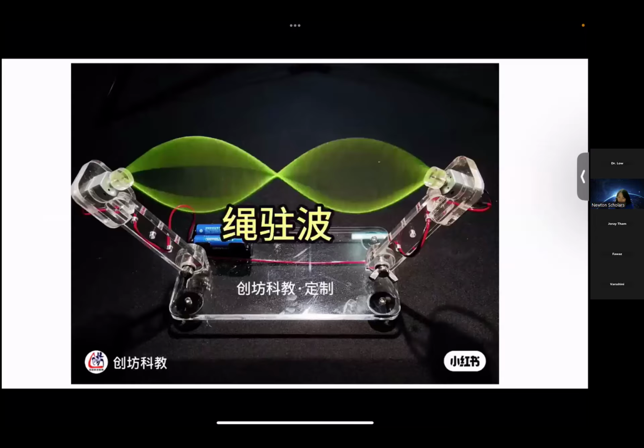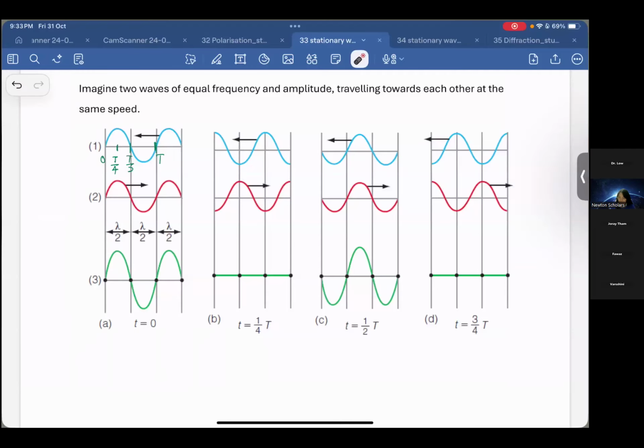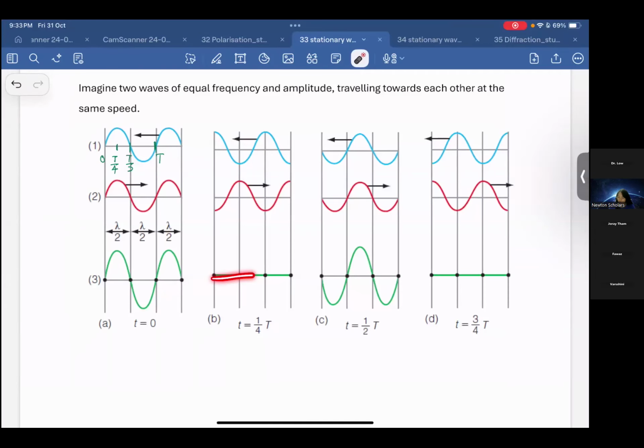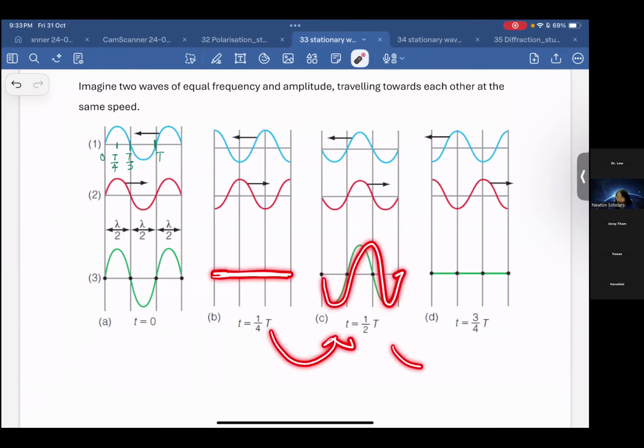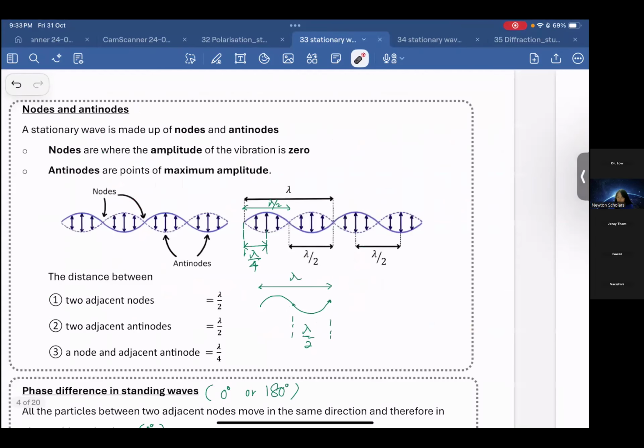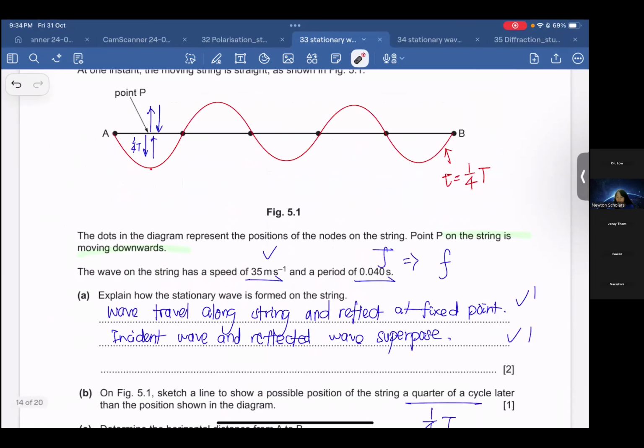So at here, just now the wave pattern is at here. After 1 over 4, it becomes this position. Another 1 over 4, it becomes a horizontal line again. Another 1 over 4, it gets a pattern like this. That's why in the past year question, what they're asking you is, initially the horizontal line is t equals 0, the pattern.